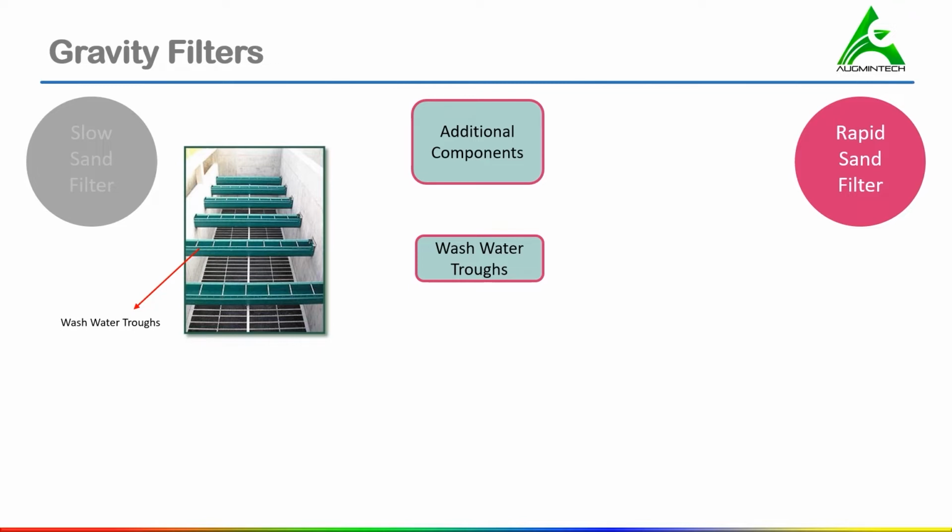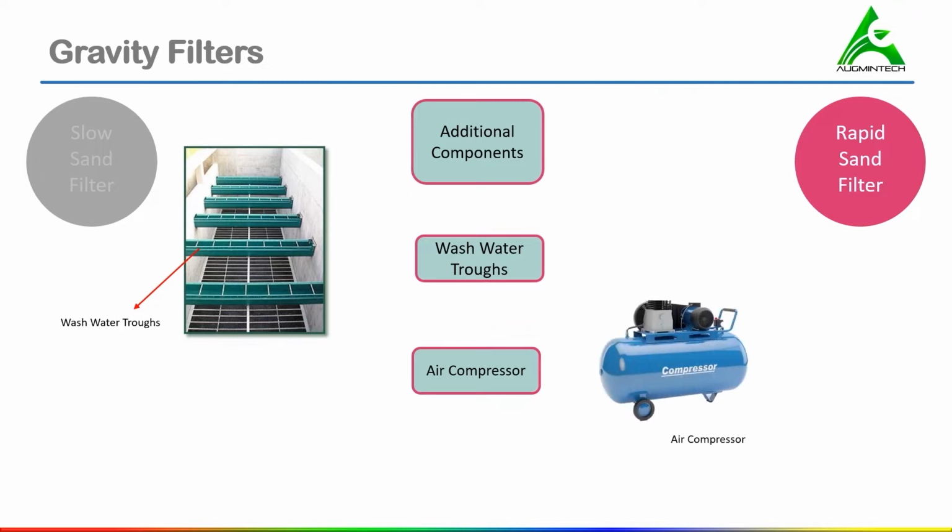Next we have the air compressor. During backwashing of filter, the agitation of the sand grains is carried out either by water jet or by compressed air. When compressed air is used, then we use an air compressor of required capacity. Here we have the picture of air compressor.